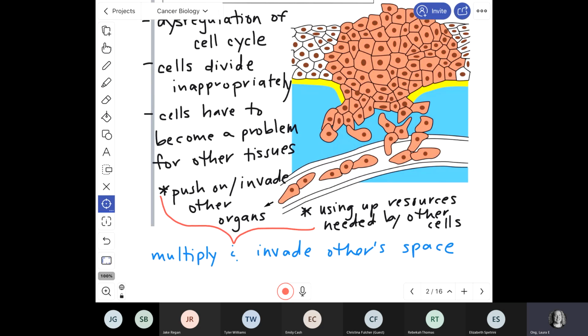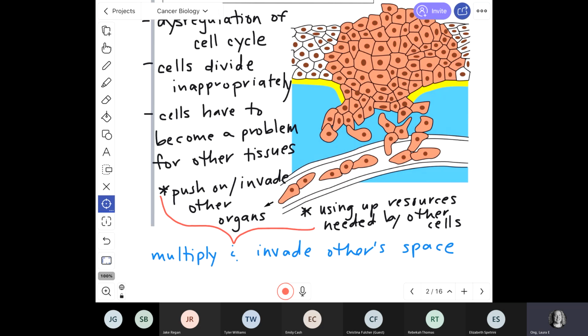And we can see here an example where there is a cancer in an epithelial tissue. We've got all these cells joined together into some amount of layers, and the cancer has spread and multiplied downward, and it has encroached out of its original location, and then we have cells breaking off and migrating to other places in the body.